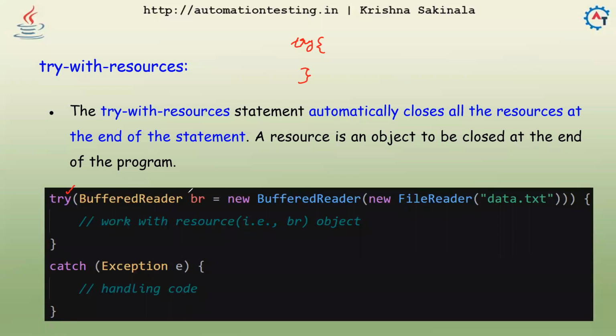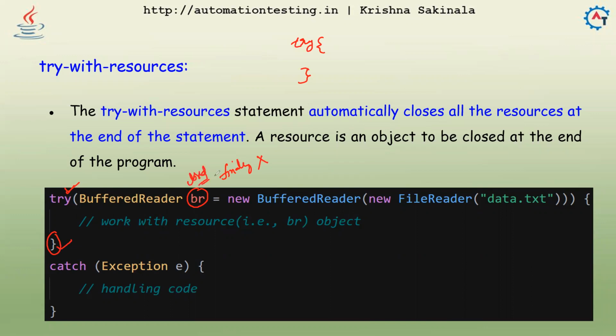If you write your code this way, there is no need to write a finally block. The moment it reaches the end of this try block, automatically whatever resources you are using here will be closed.